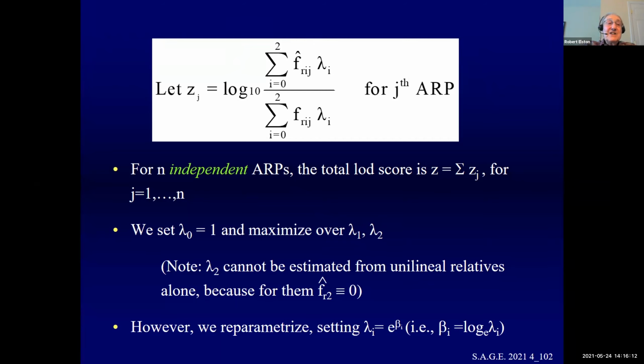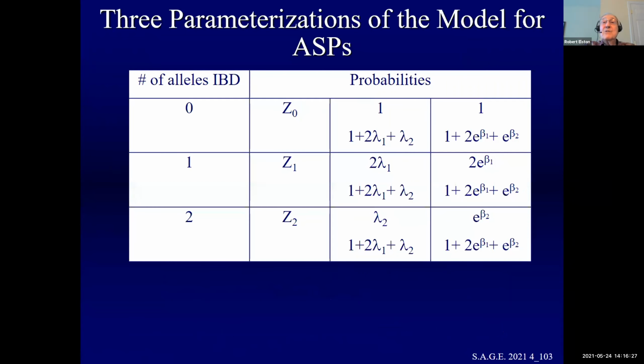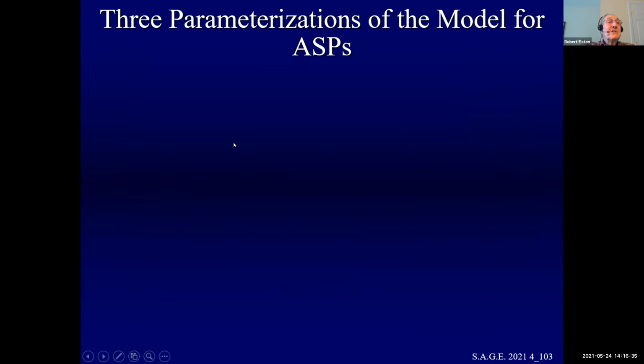However, and this is another Jane Olson bit, she reparameterizes these recurrence risks in this form here. So let us do the next thing. We have 3 parameterizations of the model for affected sib pairs. And here they are.